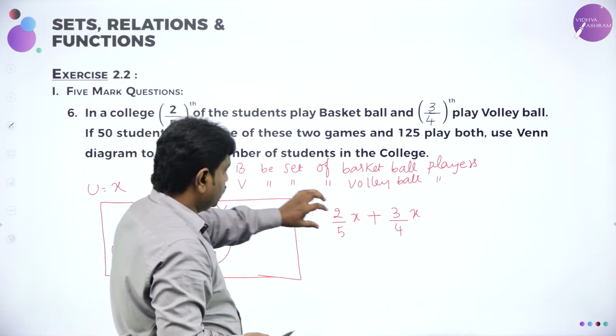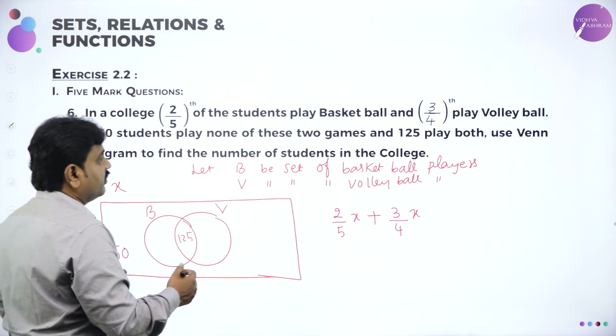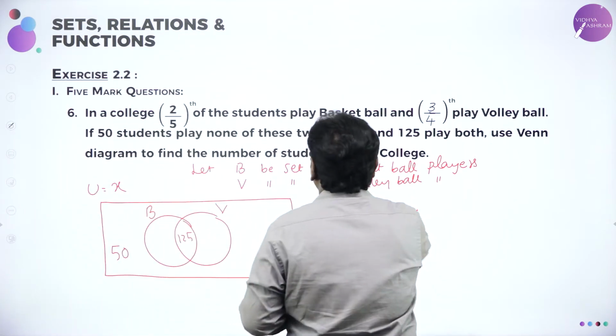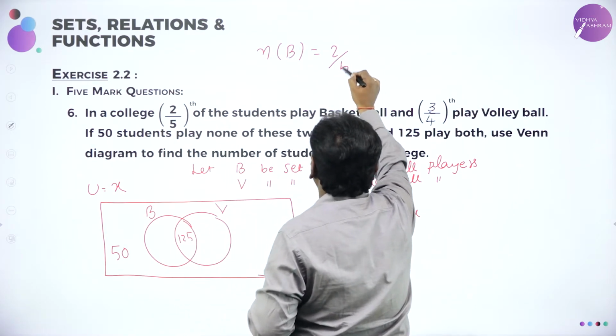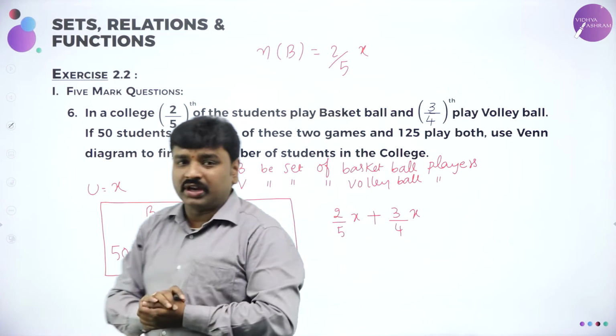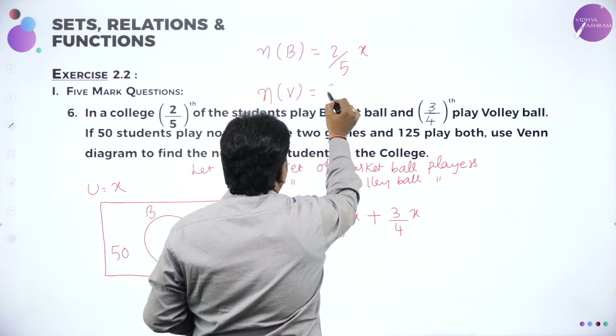This total set B is 2/5, this is V, so n of B is 2/5 X. So n of basketball players is 2/5 of the total strength, and volleyball players is what? 3/4 of the strength.